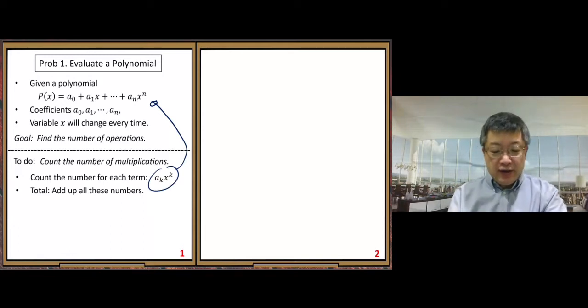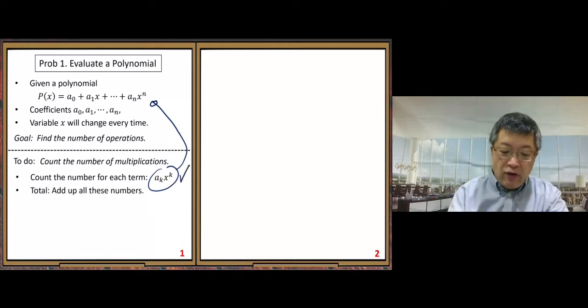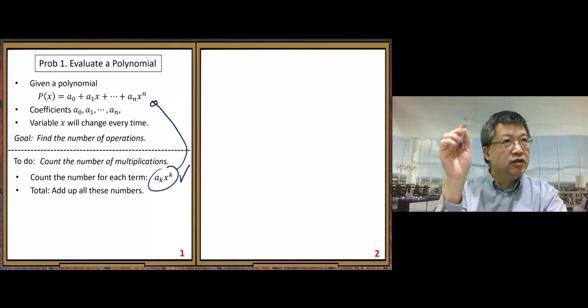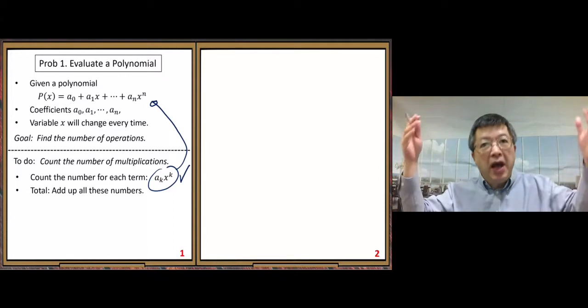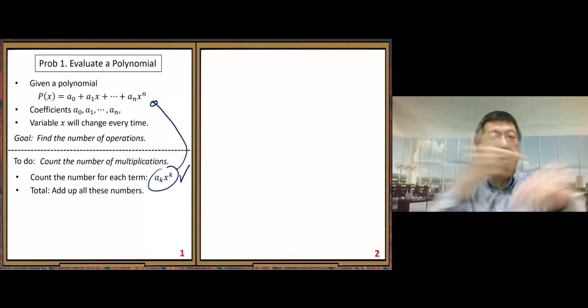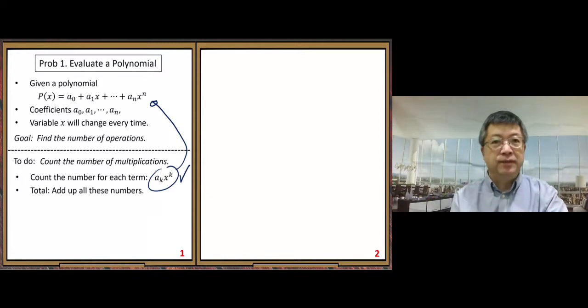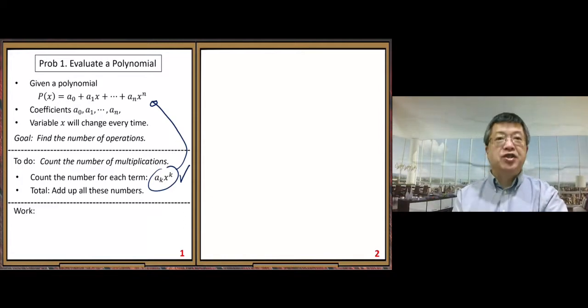If we can get an answer for one general term, then we can get answers for all the terms. We just add up all these numbers, so we get a final answer. So that's the idea. All right. So now let's do the work.